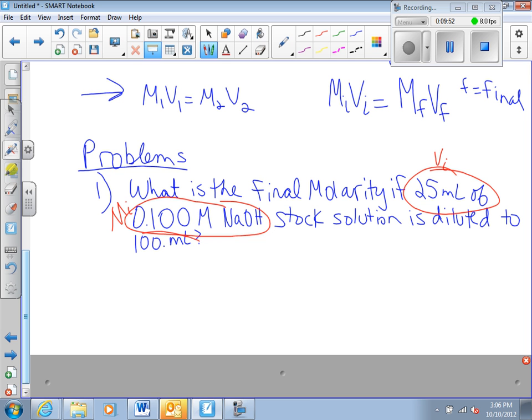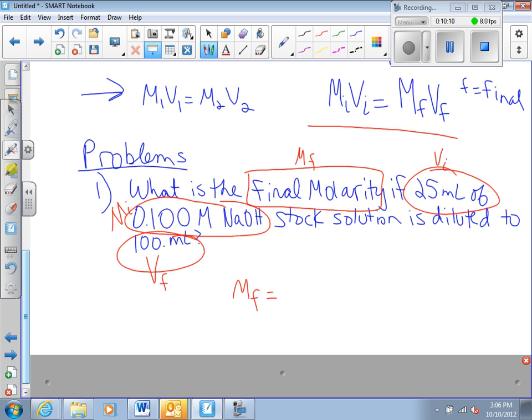And we dilute this to a final volume of 100 milliliters. And I'm trying to find M final. So I'm going to solve this equation for M final. The final molarity is MiVi over Vf.